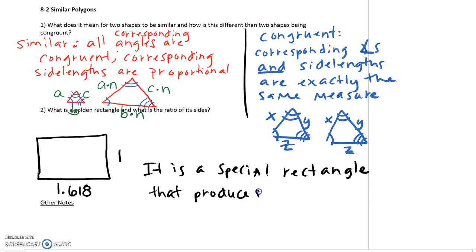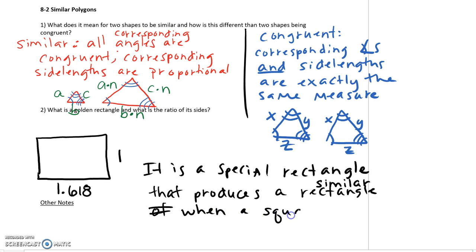So going back to this definition, it's a special rectangle that produces a similar rectangle when a square is made of its short side. So just as an example, here's the short side.